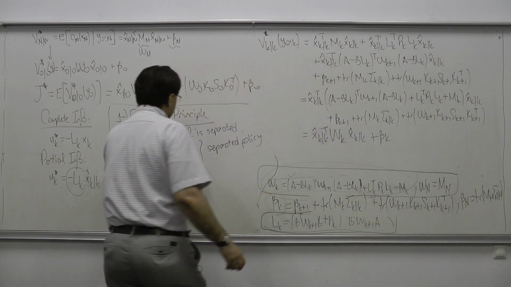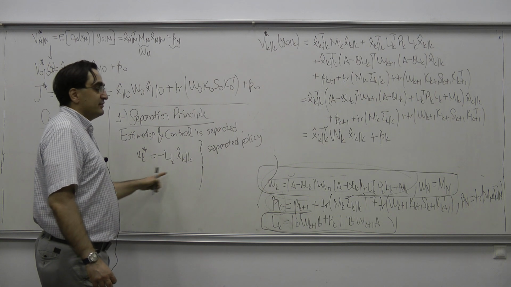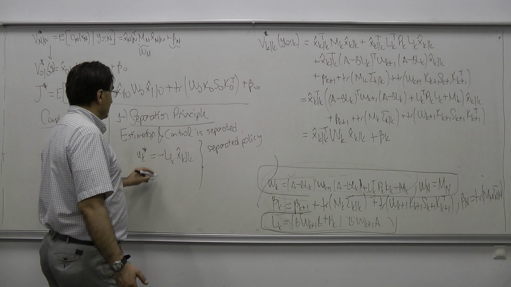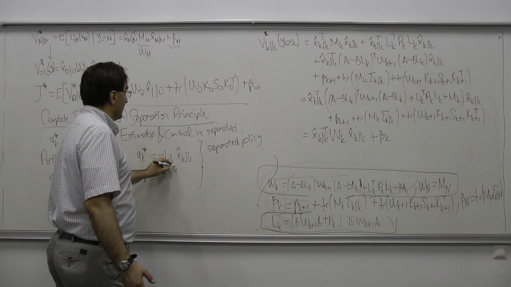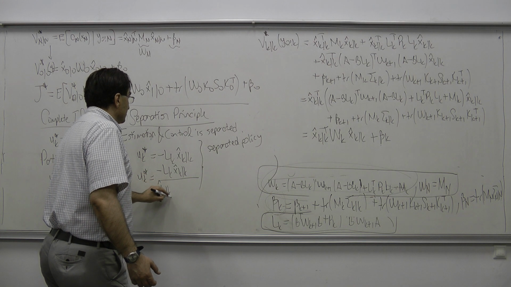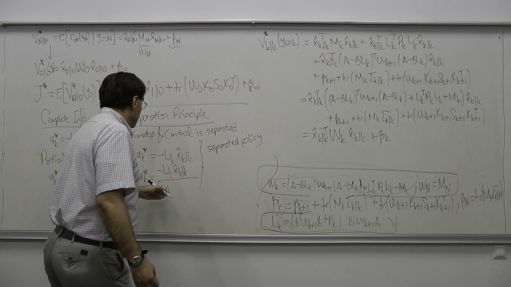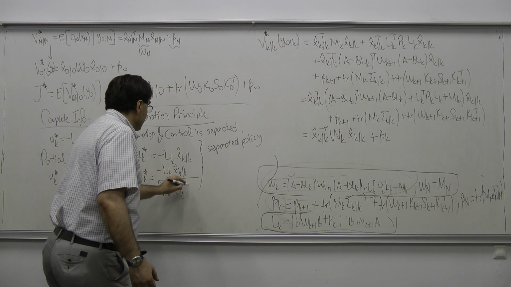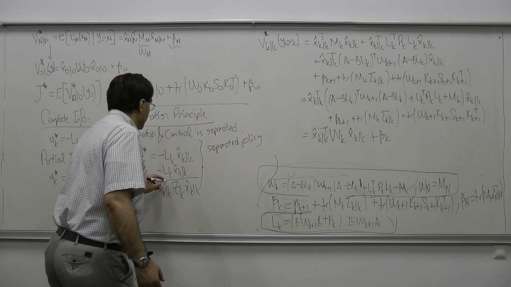So I can write other separated policies. This is a linear separated policy. And I can write UK star, for example, as minus LK x at k given k divided by x at k given k, and I can here put some matrix, let us say ZK, x at k given k transpose.